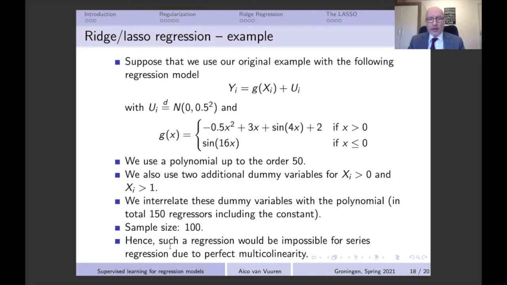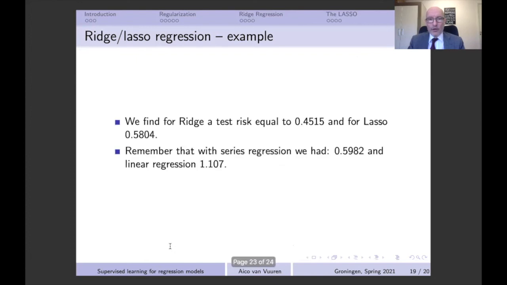But you should realize that that's actually not a problem at the moment that we're going to do either ridge or the lasso. Then at the moment that we're going to look at the performance, well, as I already said, ridge does also in this case outperform the lasso actually by quite a lot. We get a test risk equal to 0.45 for ridge and 0.58 for the lasso. Well, you should remember that that's actually much better than most of the regression methods that we have looked at so far, all of them.